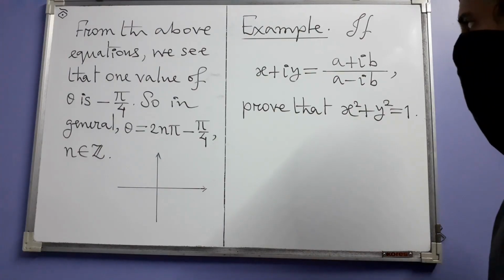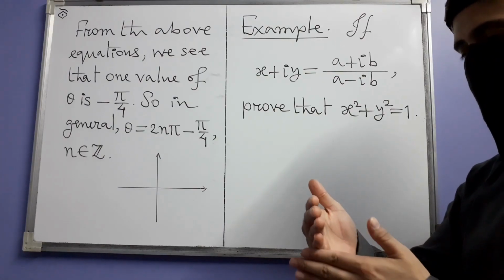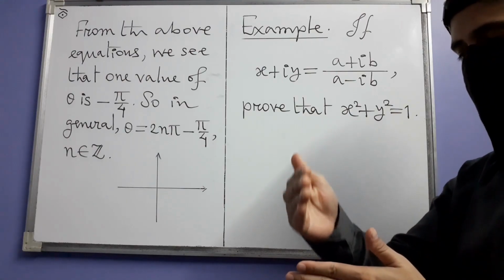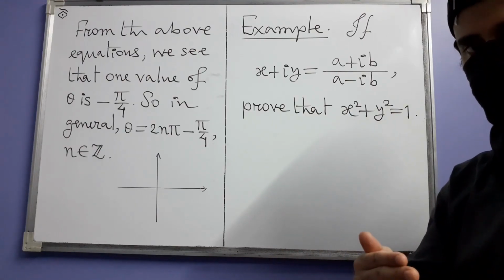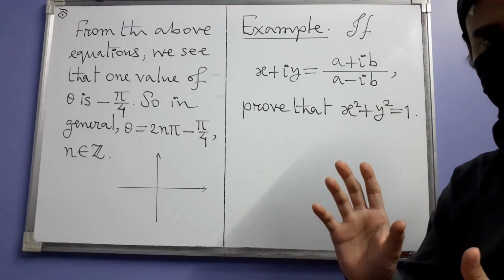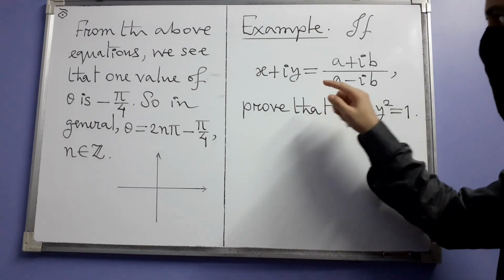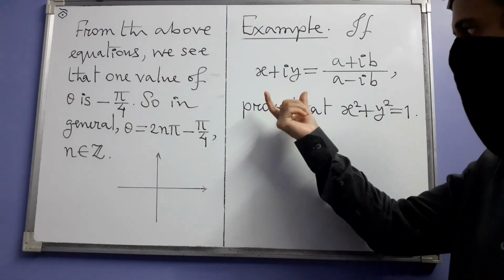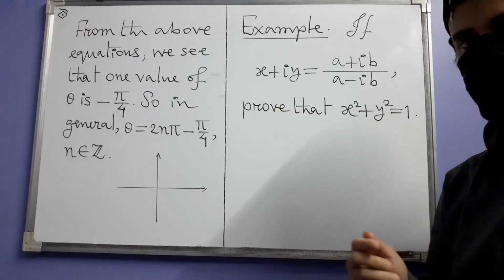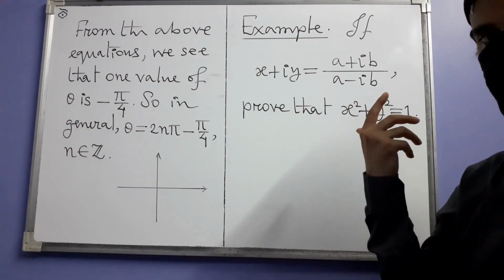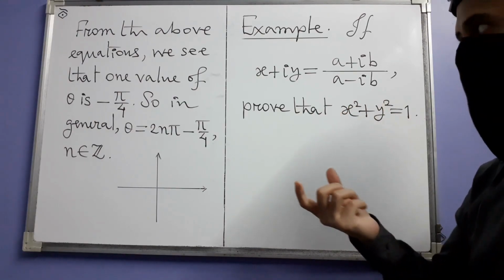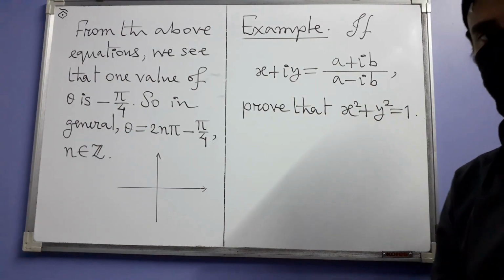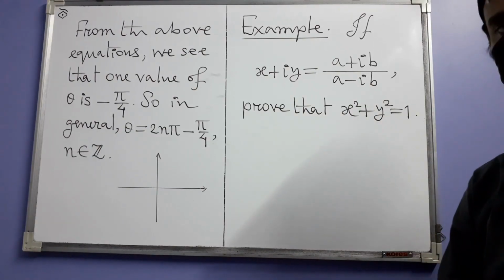Eventually they expressed this in the form real part plus i times imaginary part. And then they took the conjugate on both sides, thereby obtaining x minus iy on the left hand side and something on the right hand side. And then they multiplied x plus iy with x minus iy, and that's how they got this.